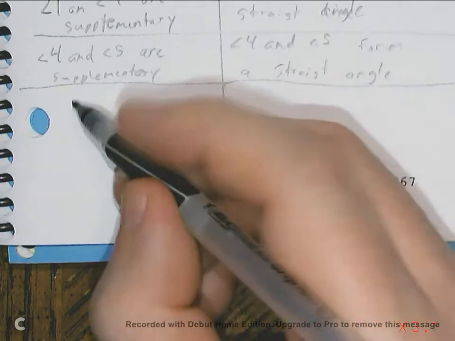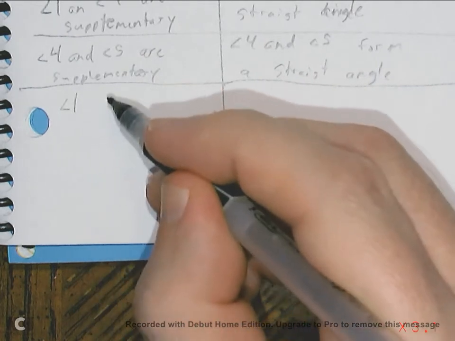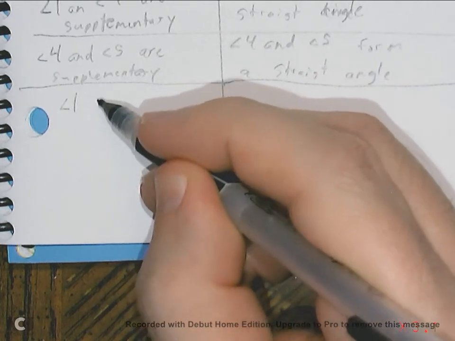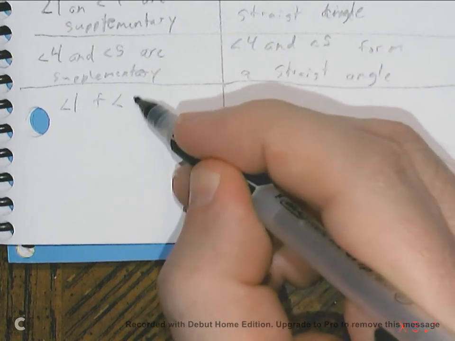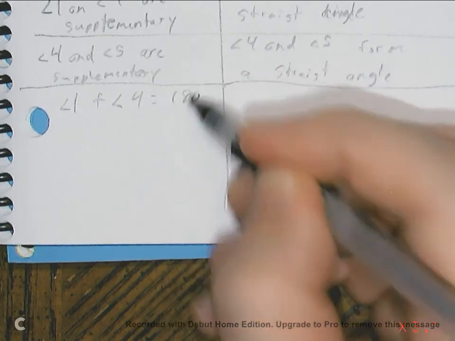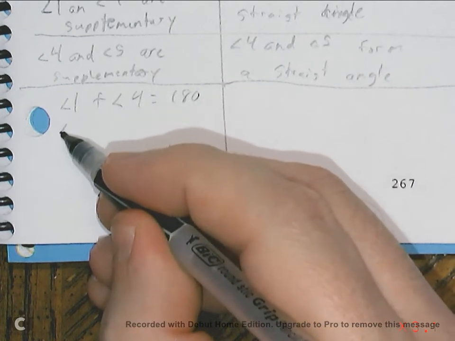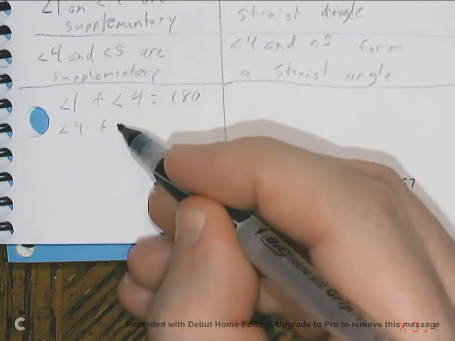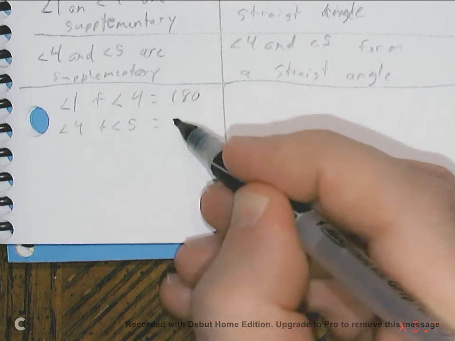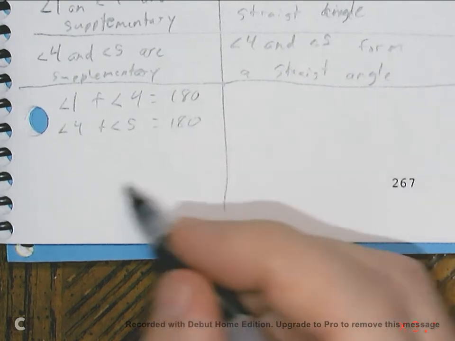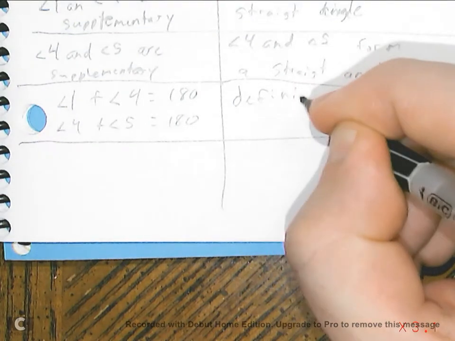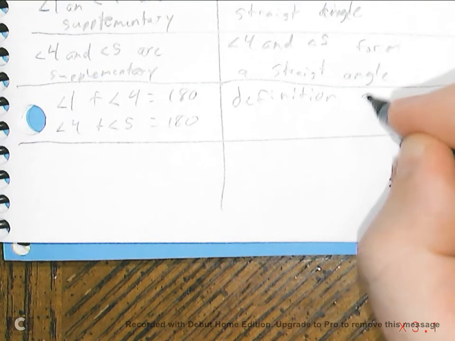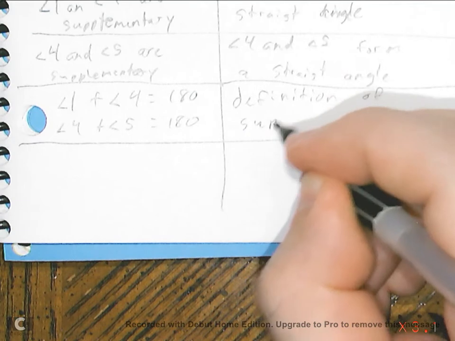So angle 1 plus angle 4 equals 180. Angle 4 plus angle 5 equals 180. And I know that from the definition of supplementary angles.